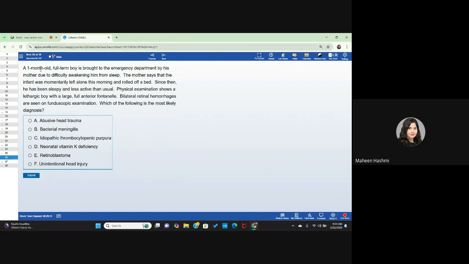Okay, what is this? A 1-month-old full-term boy brought to the ED by his mother due to difficulty awakening from sleep. The mother says that the infant was momentarily left alone this morning in the middle of a bed. Since then, he has been sleepy and less active. Physical examination, blah, blah, blah. Bilateral retinal hemorrhages. What does that suggest? Child abuse, abusive head trauma, shaken baby syndrome.